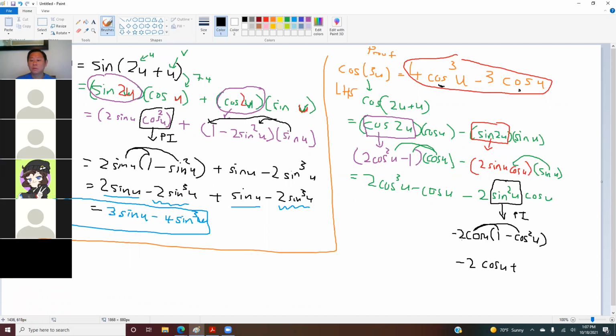No. Negative times positive 2 cosine u times cosine squared u gives you cosine what? Cubed u. And we have this coming down, so you will get 2 cosine cubed u minus cosine u. This is the same idea, I just do this part. Now you combine like terms. What do you get when you combine like terms here?